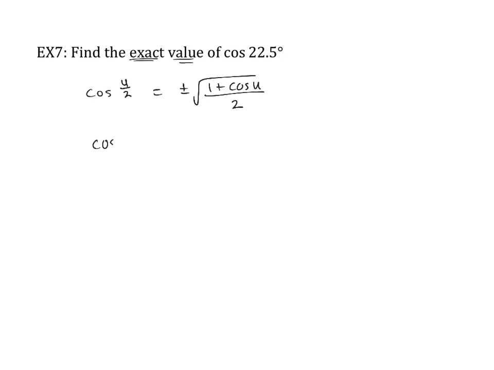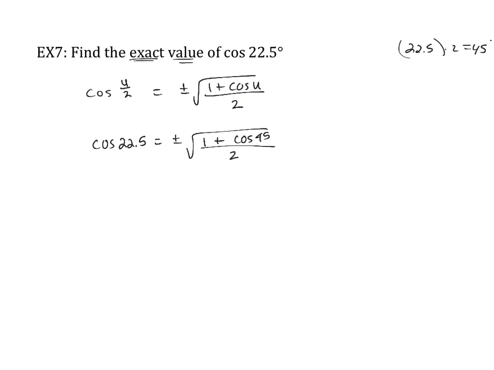If I'm given cosine of 22.5, it's not on the unit circle, so I certainly don't have that memorized. But 22.5 times 2, that I do have memorized. That's 45 degrees. Because 22.5 is half of something I know, our half angle formula really comes in handy. So this would be cosine of double that, 45, all over 2.